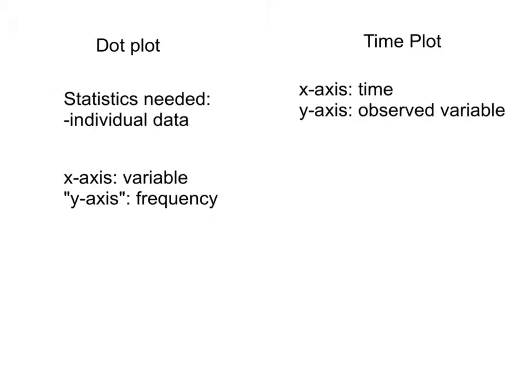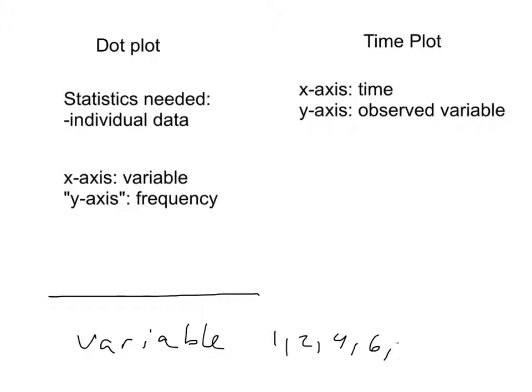And then also we have dot plots and we have time plots. A dot plot is pretty simple. Create a line here. This is going to be your x-axis variable. And so let's say our data set is 1, 2, 4, 6, 7. You go 1, 2, 3, 4, 5, 6, 7.